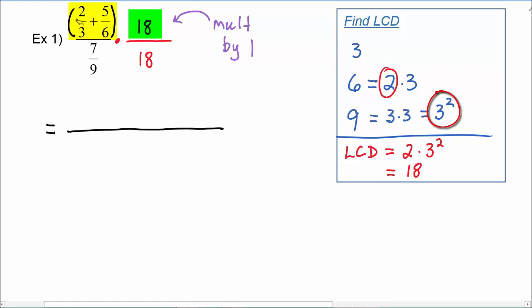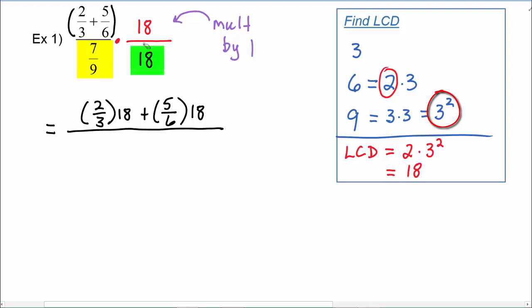Now the 18 will distribute to each of those two terms, so we will get 2/3 times 18 plus 5/6 times 18. Next, we have to do the denominator times the denominator. So we can see we're going to get 7/9 times 18.